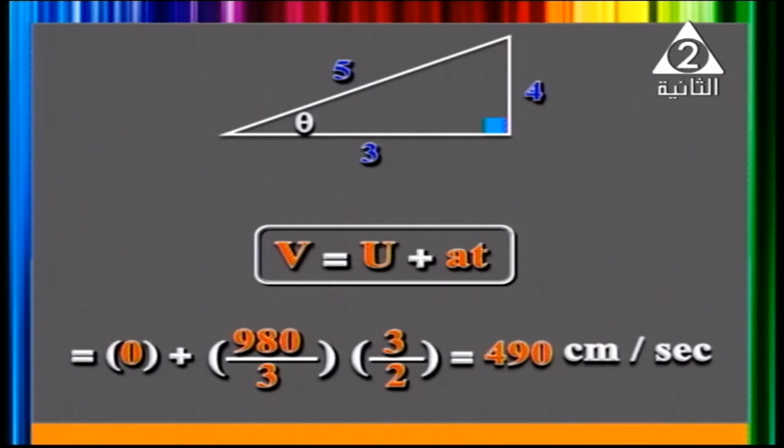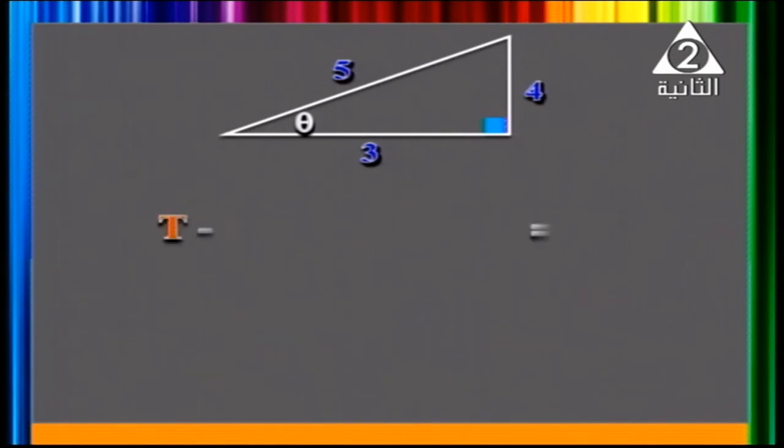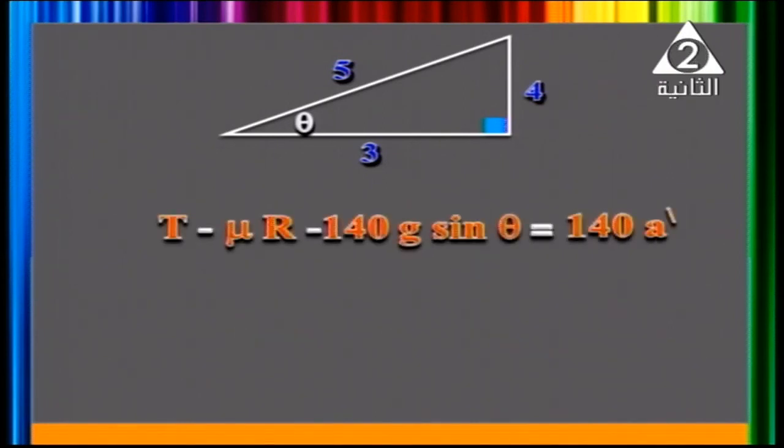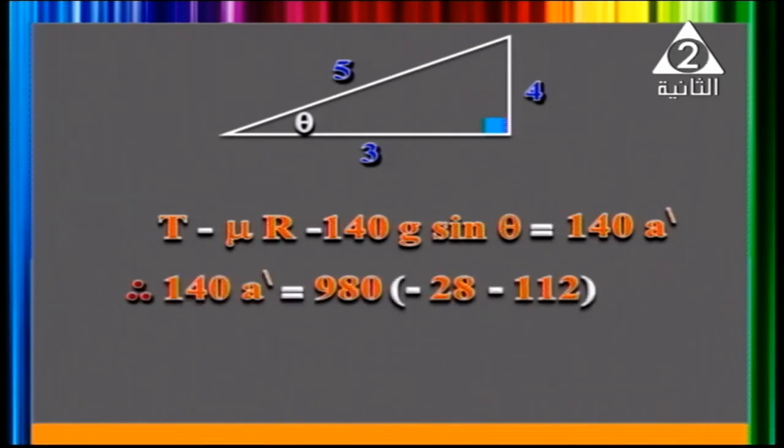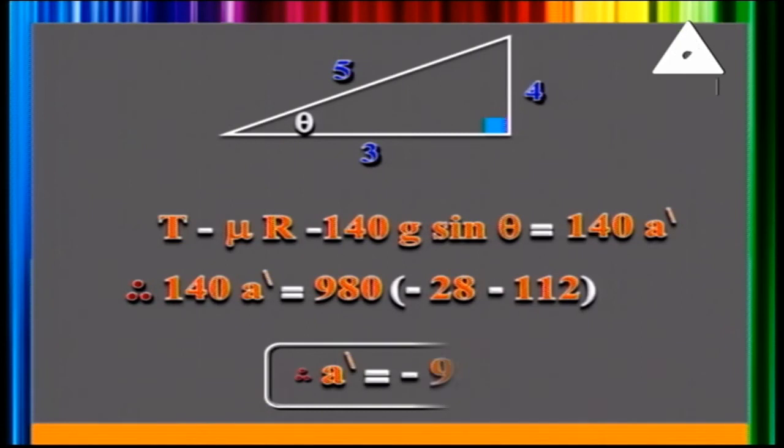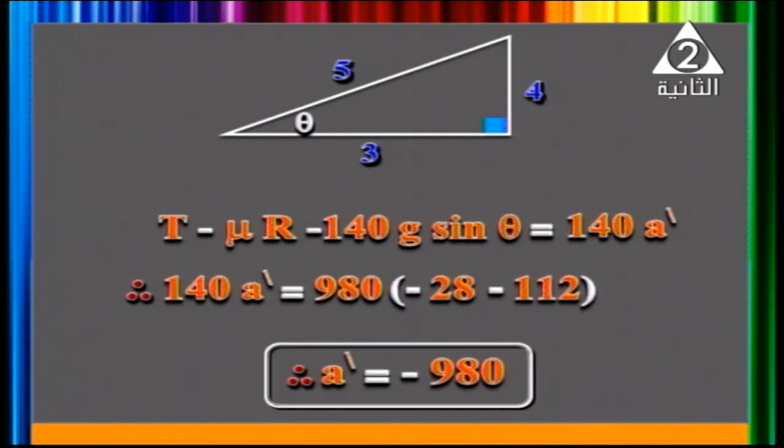After that, my dear student, we use T minus mu R minus 140g sine theta equals 140 a dash to find the acceleration, A dash equals negative 980 centimeter per second square after cutting the string.